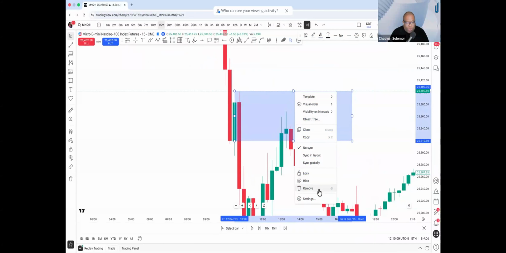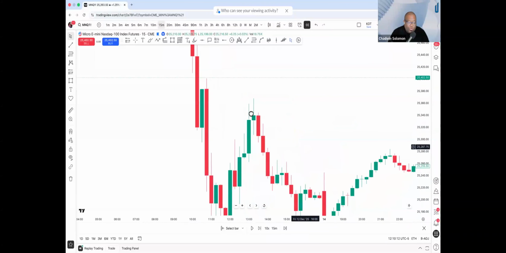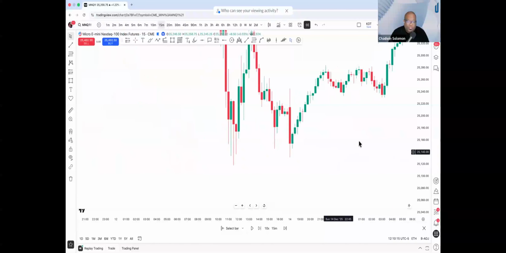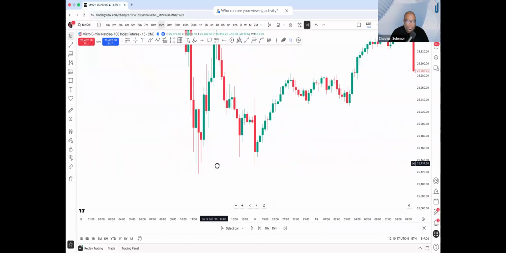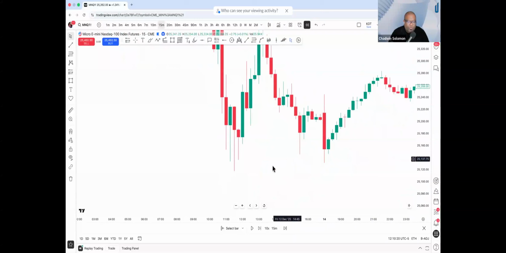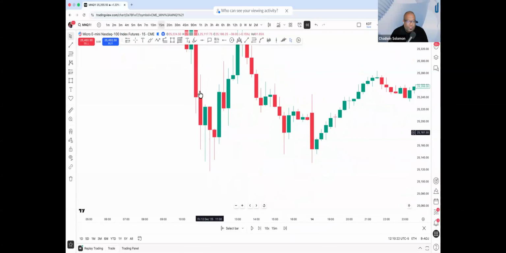And then the last one depends on if you're trying to sell or if you're trying to buy. Let's say in this scenario, we're trying to buy. I'm going to circle where we want to buy, somewhere here.